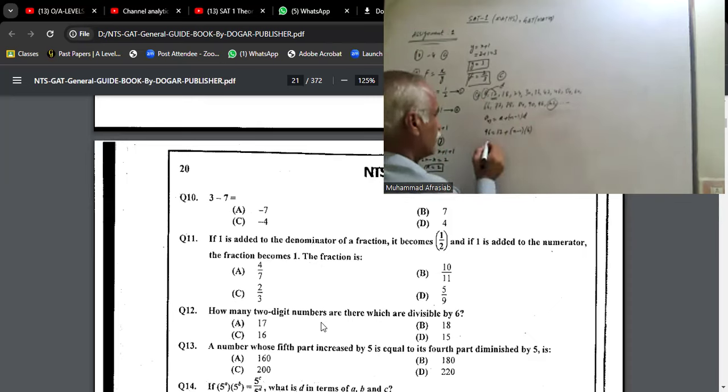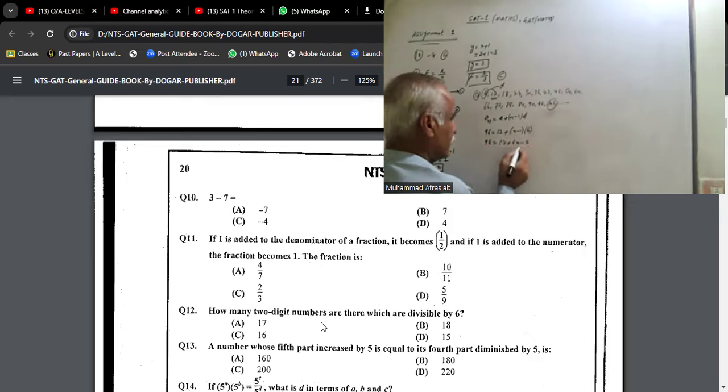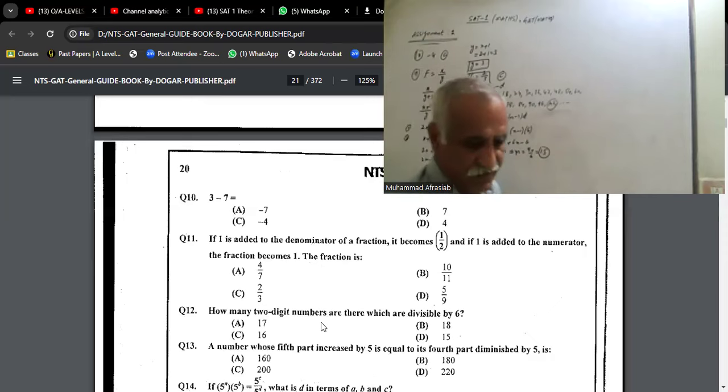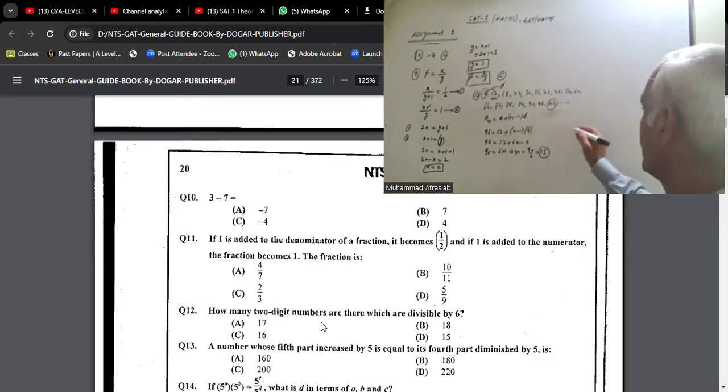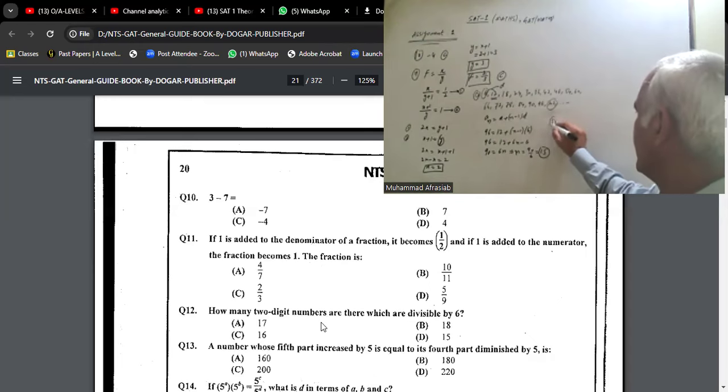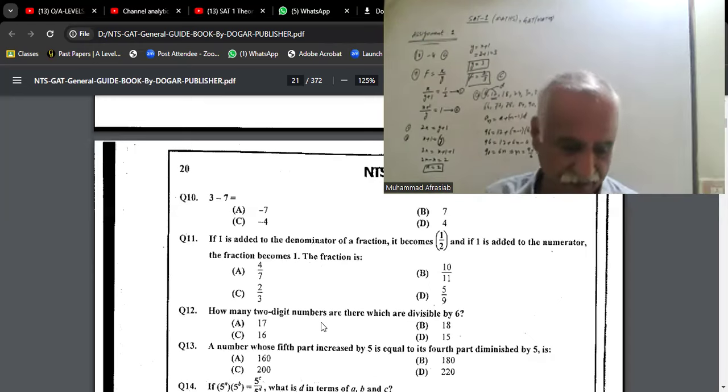So 96 is equal to 12 plus (n minus 1) times 6. So 12 minus 6 is 6, and 6 is subtracted from this, so it should be 90 is equal to 6n, and n is equal to 90 over 6, that is equal to 15. So 15 is the right answer of this choice, which is equivalent to D part. So for this question number 12, D is the answer of this choice.